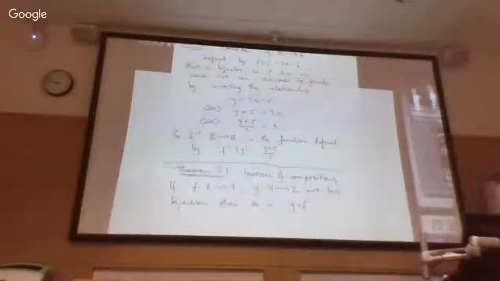So if f from X to Y and g from Y to Z are two bijections, then so is the composite function g after f. So it is a bijection. So it has an inverse.